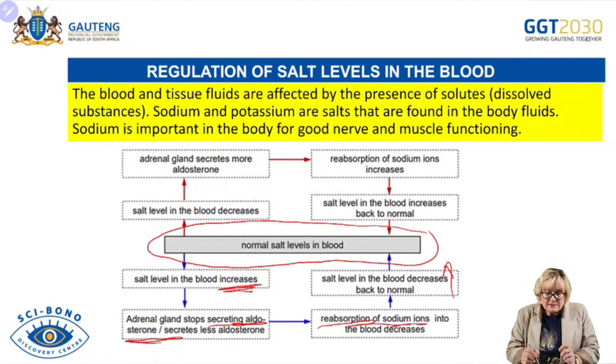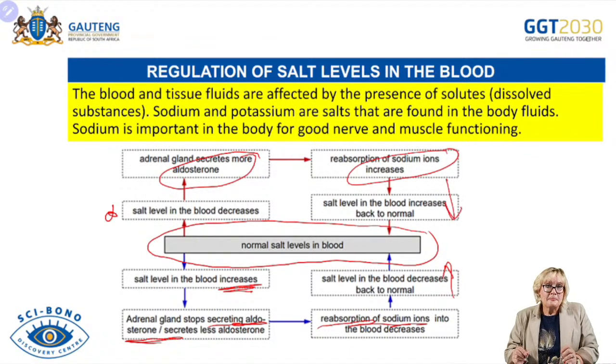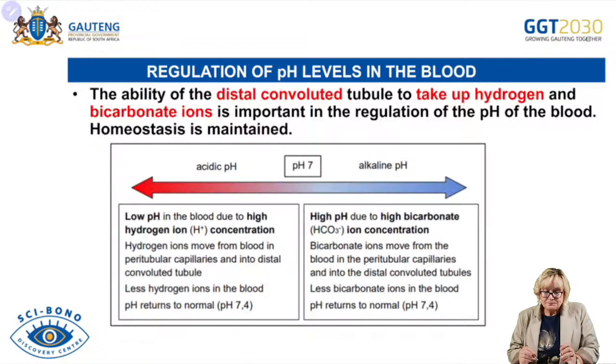If the salt levels in the blood decrease, what happens? The adrenal gland secretes more aldosterone. Why? Reabsorption of sodium ions increases, so we want to take it back, and then it will return back to normal. All right, this is just a summary.